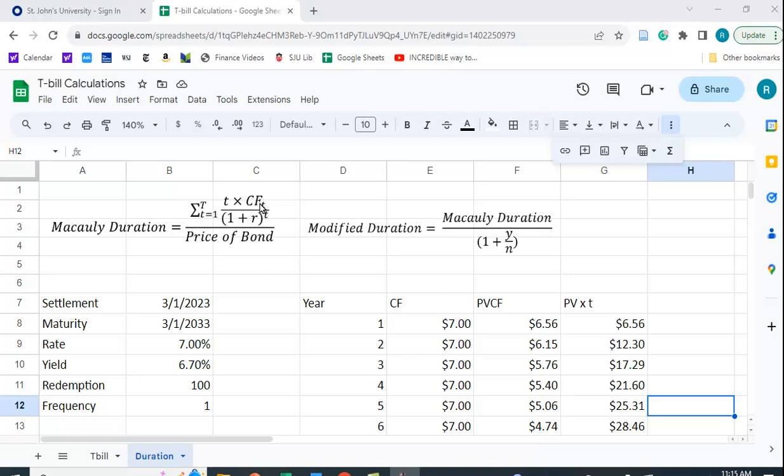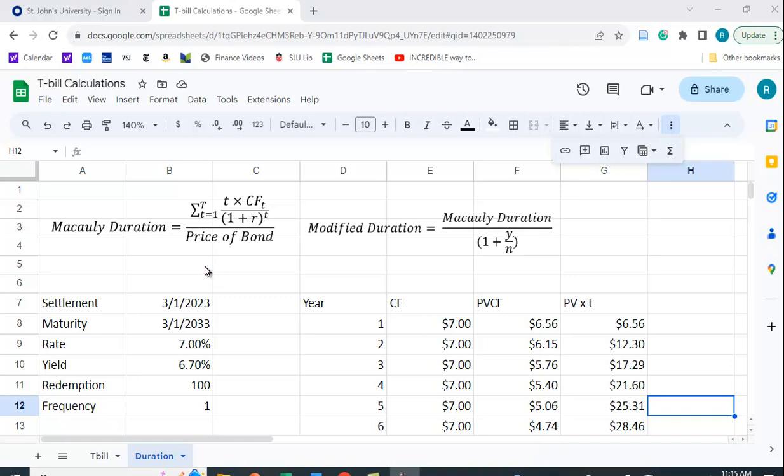For year 2, it's the fraction of the bond's price you get in year 2. Then we multiply it by each year. So 1 times the fraction you get in year 1, plus 2 times the fraction you get in year 2, etc. And that gives us the average amount of time it takes to get your money back.